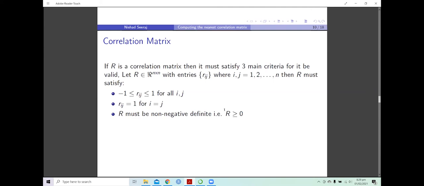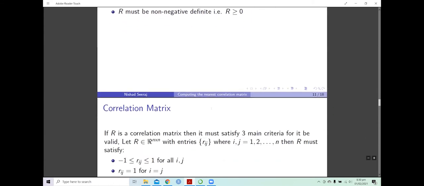And this is a property that stems from the eigenvalues of the correlation matrix, which is why I went through the whole spectral decomposition earlier on, right? So it's a way to test this last value here. You simply find all of the eigenvalues, and if you see at least one that's negative, you know that the correlation matrix is faulty, and it must be corrected in some way. Okay, so these are all 3 criteria for it.